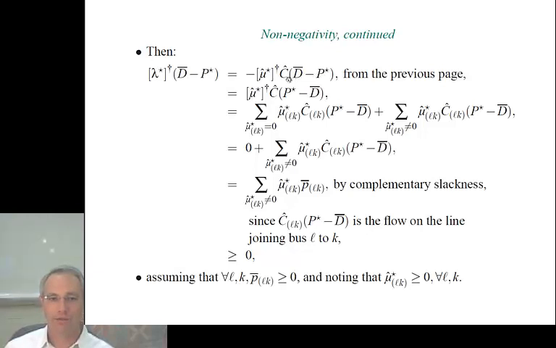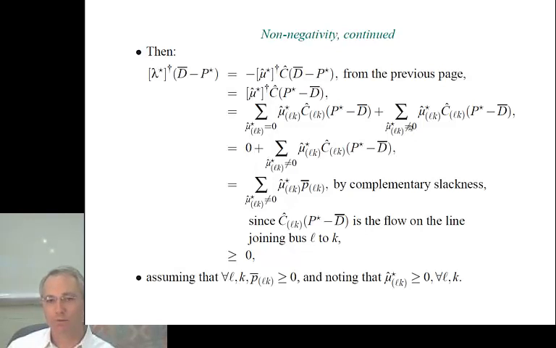I can rearrange that to get rid of the minus sign by swapping the P star and the d. Then I can think of this as a summation over the constraints broken up into the constraints whose Lagrange multipliers are 0 plus the constraints whose Lagrange multipliers are non-zero. For the constraints whose Lagrange multipliers are 0, each of these terms in the sum is 0, so that gives me 0.